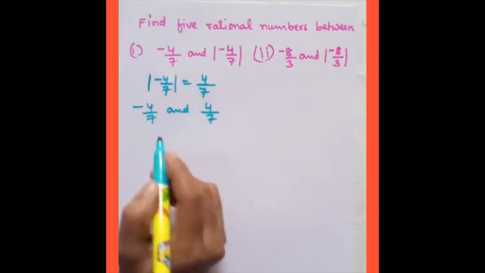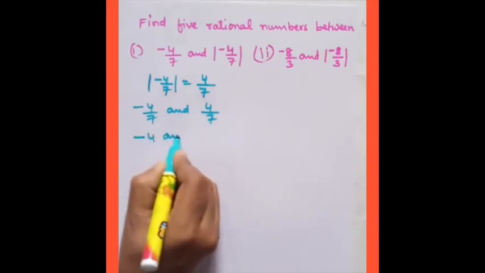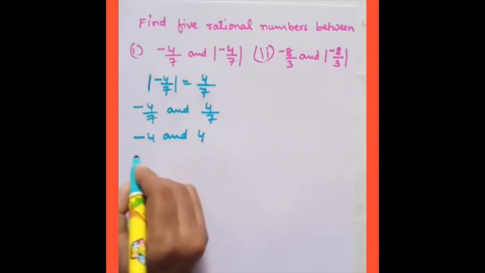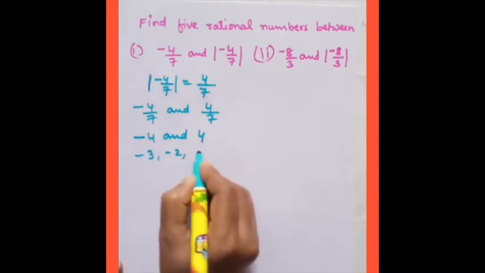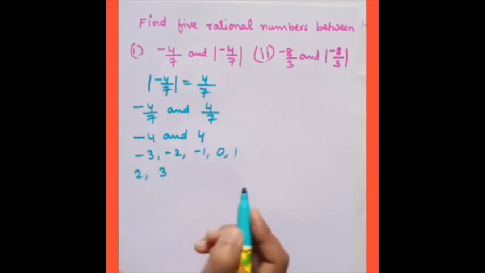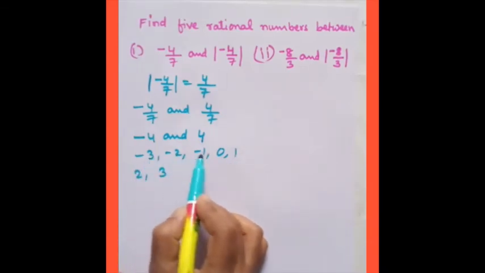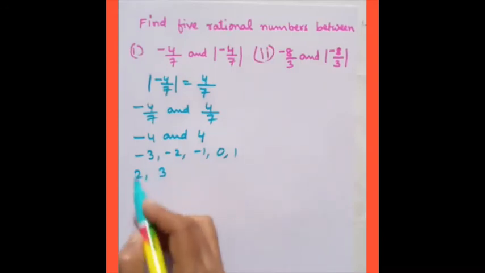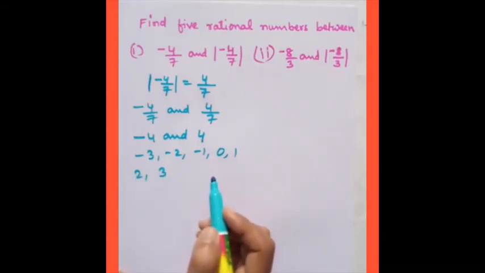Now find between minus 4 and 4. Between minus 4 and 4 you have minus 3, minus 2, minus 1, 0, 1, 2, 3. Okay, 1, 2, 3, 4, 5, 6, 7 numbers you are having. So you can take any 5 out of these 7 numbers.